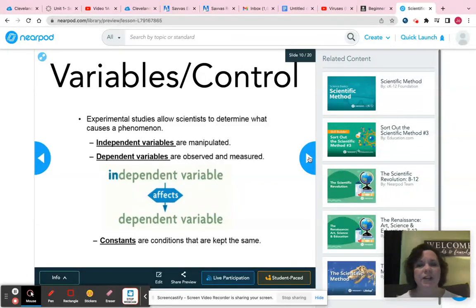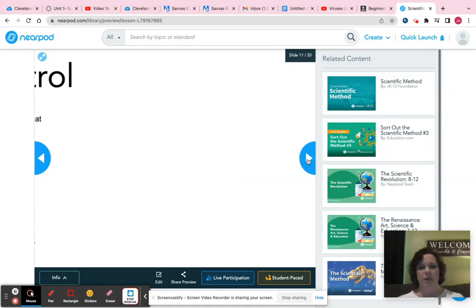Dependent variable starts with a D. So I always think of D standing for data. A dependent variable is the data that we're collecting. And then constants are those conditions that we try to keep the same. So we'll get to a couple of scenarios here in just a second, and so we'll be able to pinpoint all of those things in a scientific experiment.